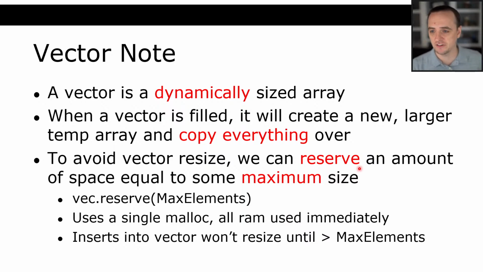So even if your vector has nothing actually in it yet, it still has allocated the space for 1,000 things. If you do 1,000 inserts into that vector, it will not do any resizing because it has space for 1,000 things, right? So typically, when you create a vector, you want to reserve some maximum size so that you are reducing the amount of dynamic allocations. But of course, that's a trade-off because you're using the memory immediately, okay?